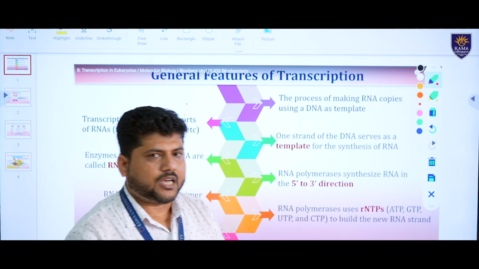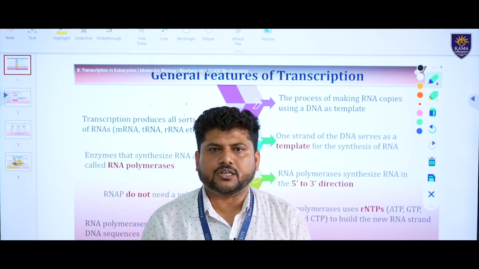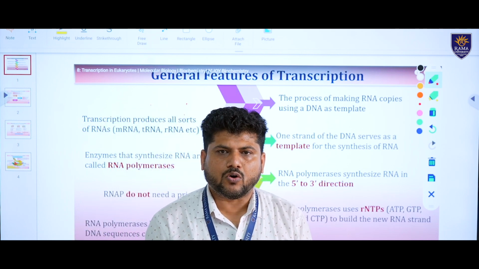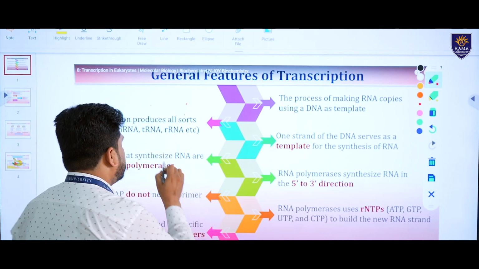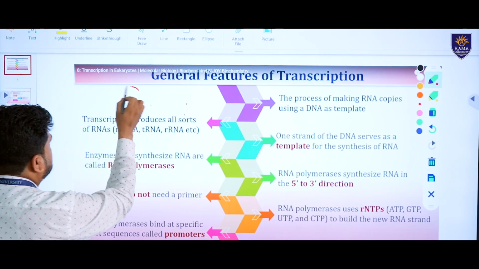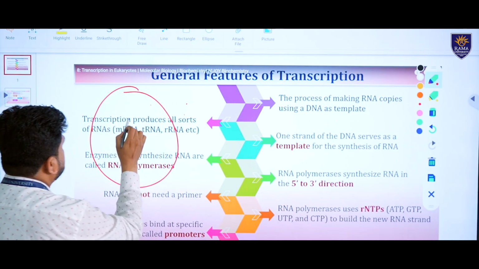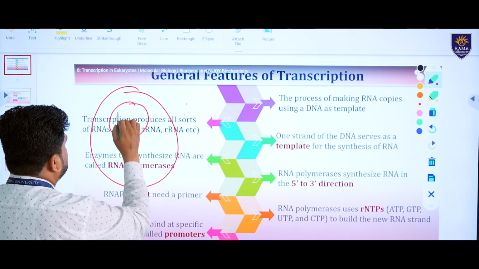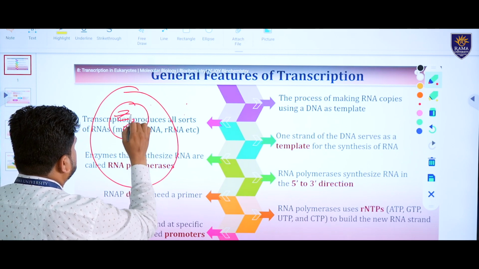So, as you know, the DNA is present inside the nucleus of the cell. For example, this is the plant cell, and this is the nucleus. The DNA is present inside the nucleus of the cell.